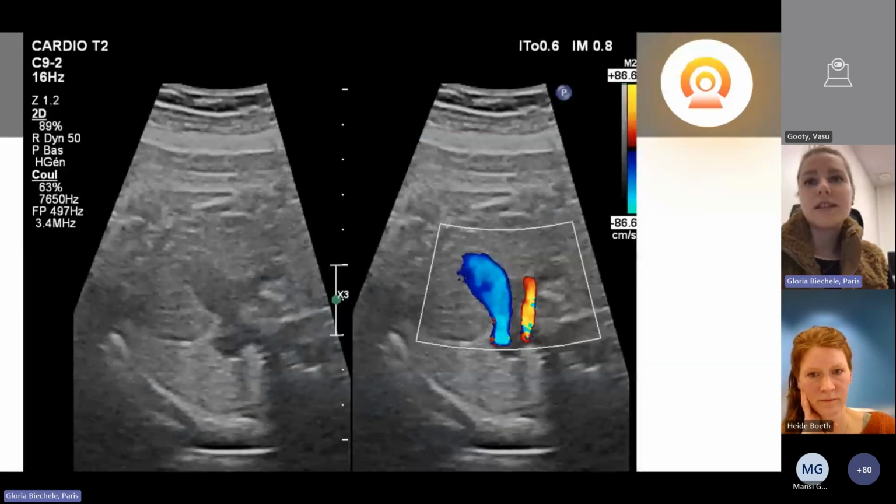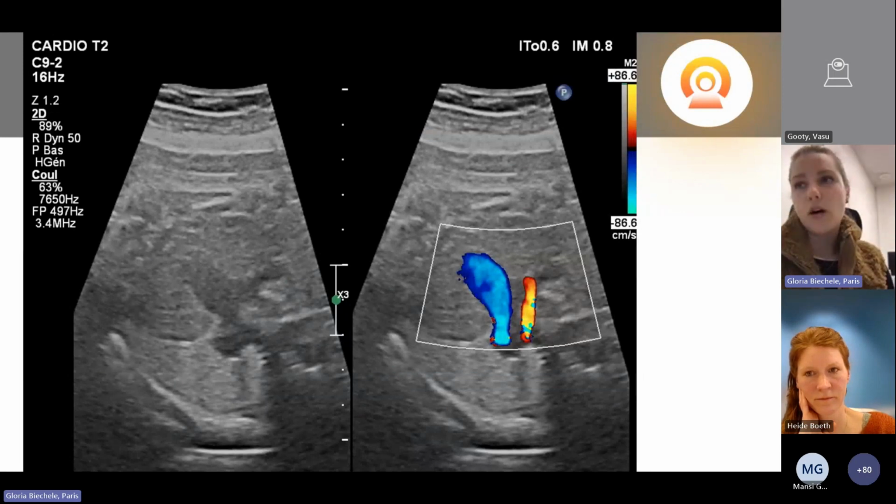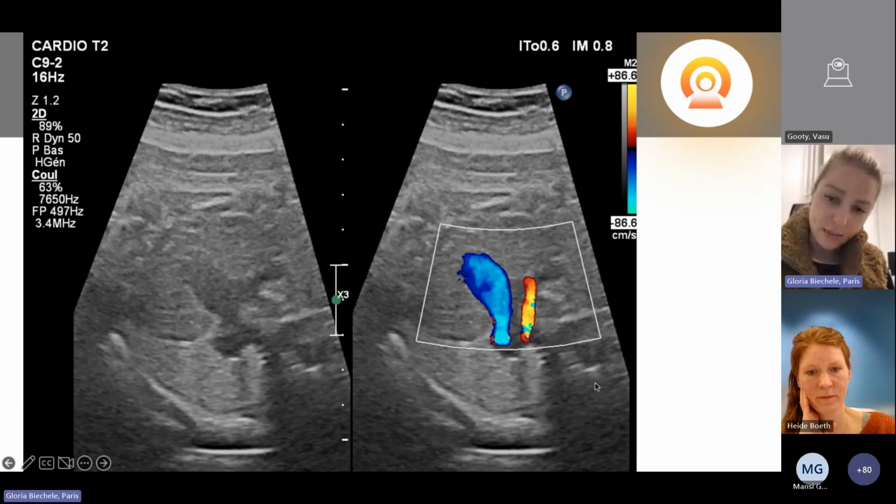Concerning the large vessels, the size of the pulmonary arteries and the aorta was described within normal limits, but the aortic arch appears complete, but was located to the left of the trachea, which cannot be seen in this image here, but which can be assumed because here we have the vertebral column.